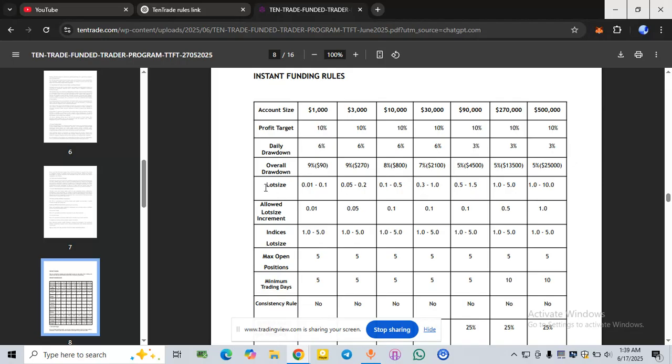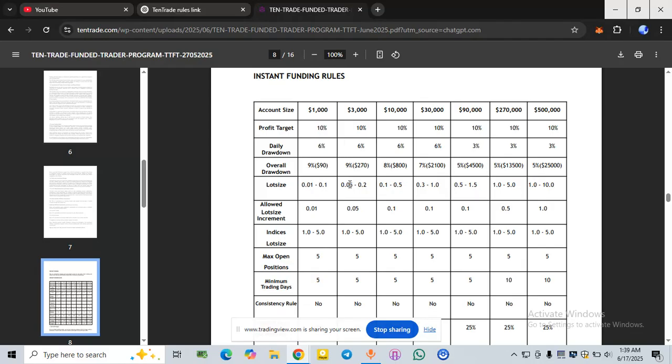Now one other thing they also introduced after removing the consistency rule is the introduction of lot size, the minimum and the maximum amounts of lot size. Now the minimum lot size in a 1k account is 0.01, then the maximum is 0.1. Now 3k is 0.5.